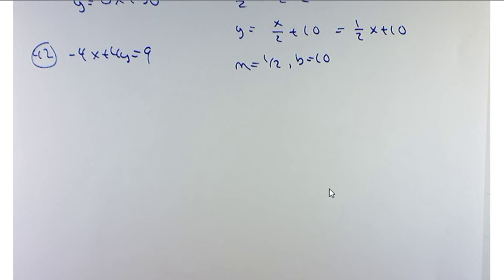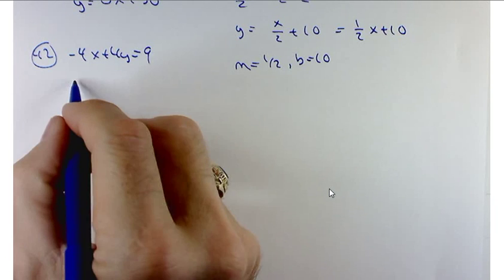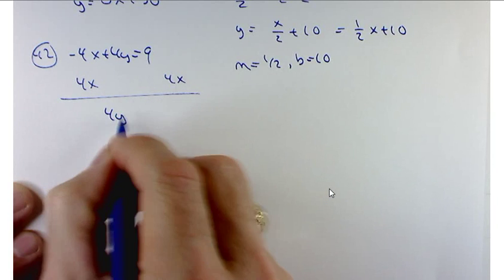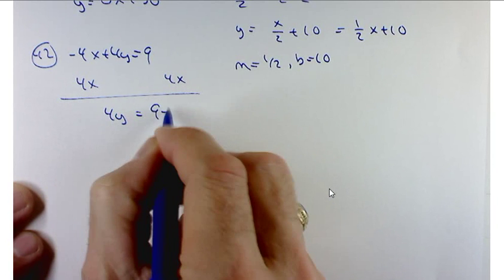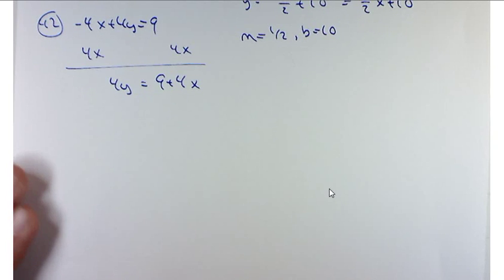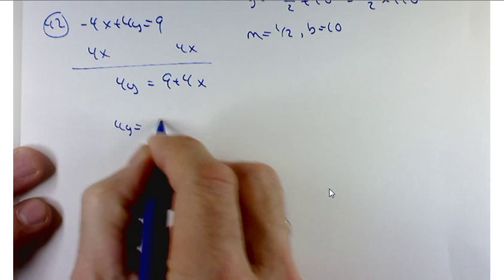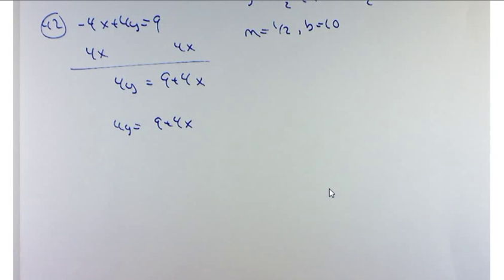All right, let's add 4x to both sides. 4x here, 4x here. That's 4y equals 9 plus 4x. Okay, that's good. Then what? All right, we'll divide everything by 4.